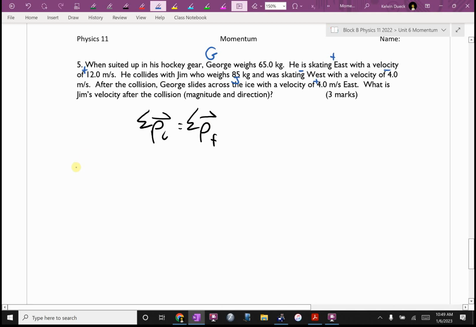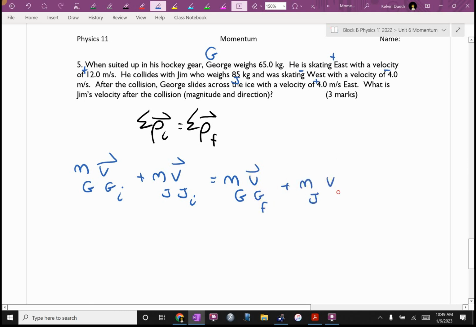Before the collision, I guess I have mass George, velocity George, initial, mass Jim, velocity Jim, initial. Wham, they collide. They don't stick together. Mass George, velocity George, final. And mass Jim, velocity Jim, final. What am I trying to find?